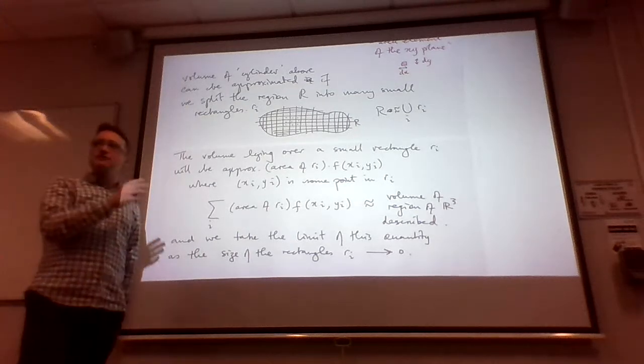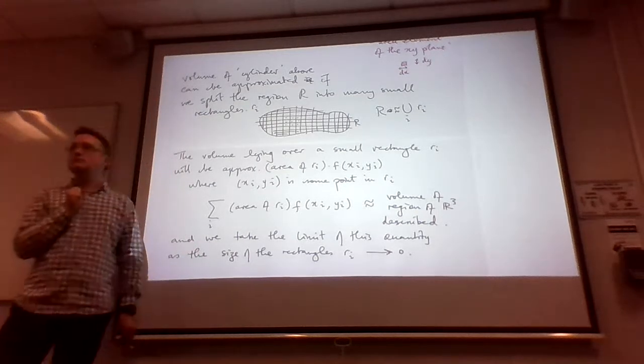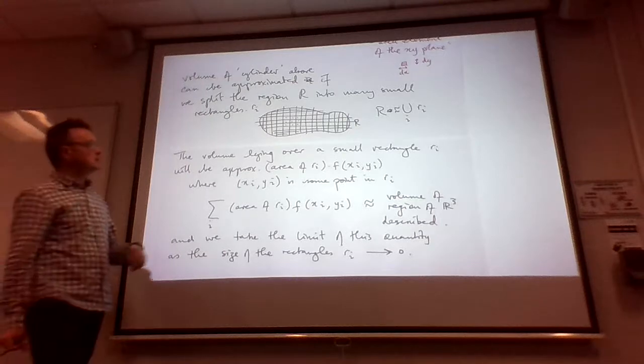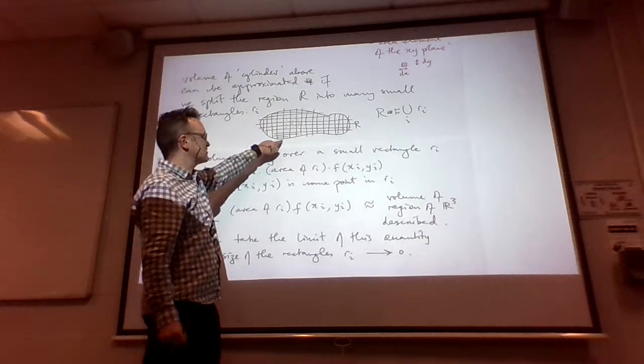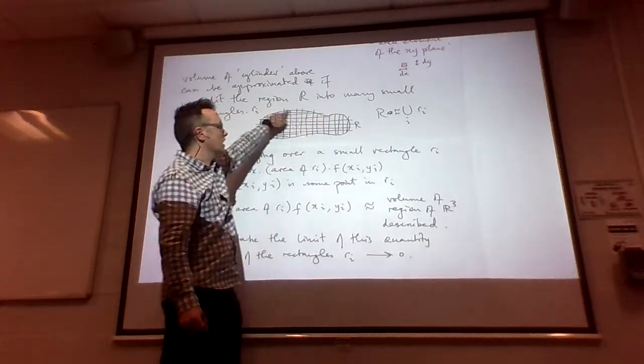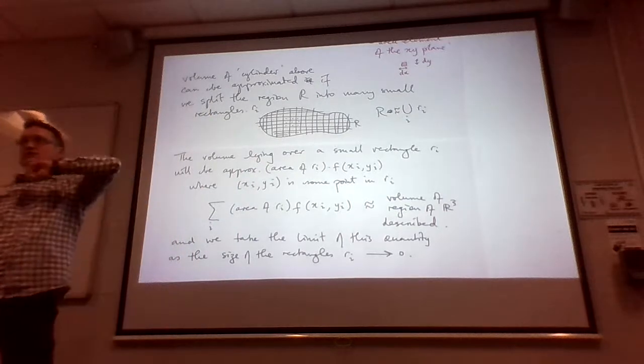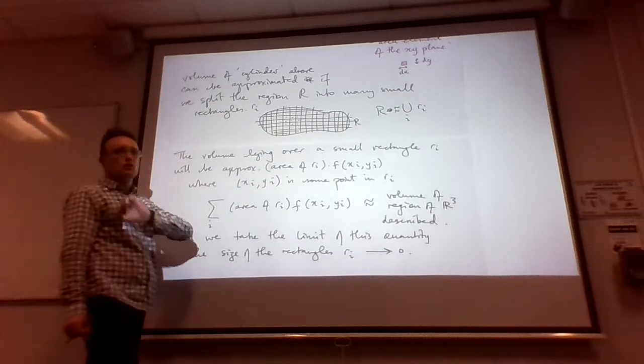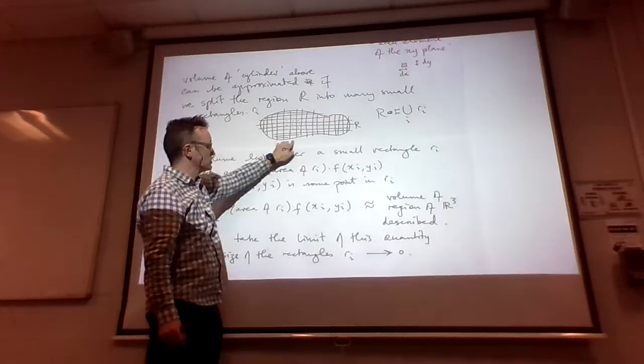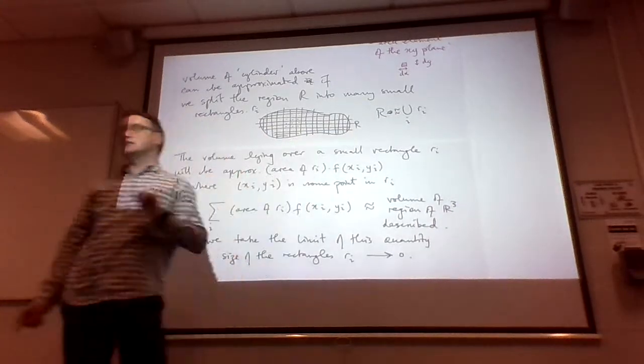And then the inaccuracies dissolve away, so to speak. The inaccuracies around what's going on at the boundary of R converge to 0 because your rectangles are getting smaller and smaller, so they can better approximate the curved boundary of the region.